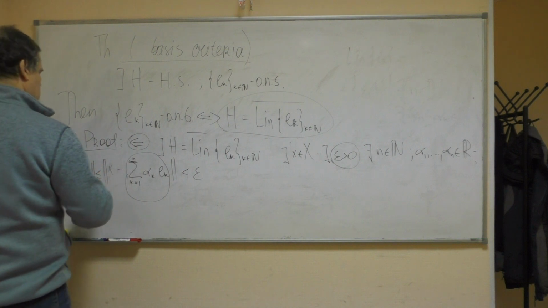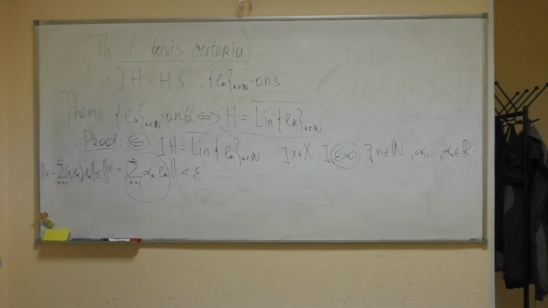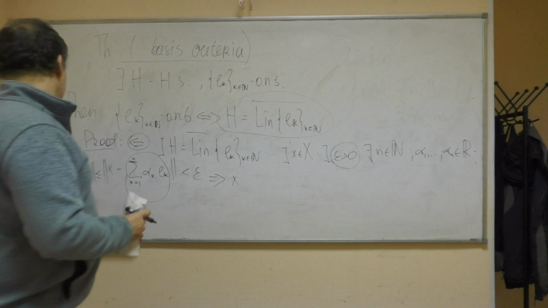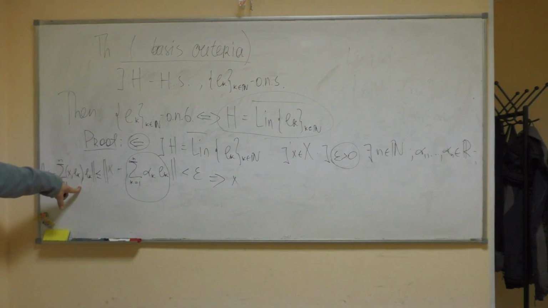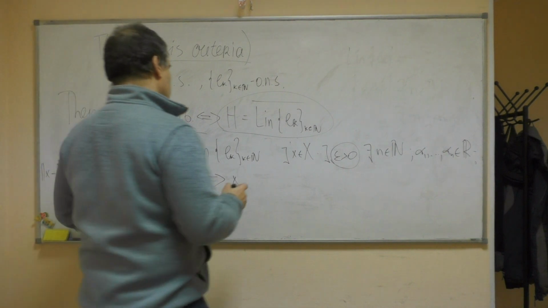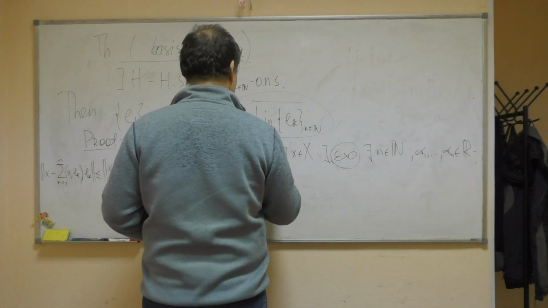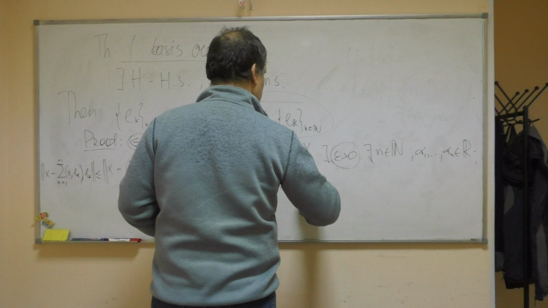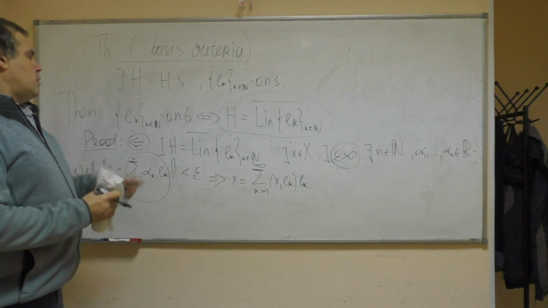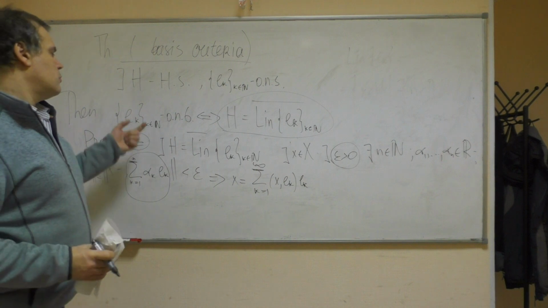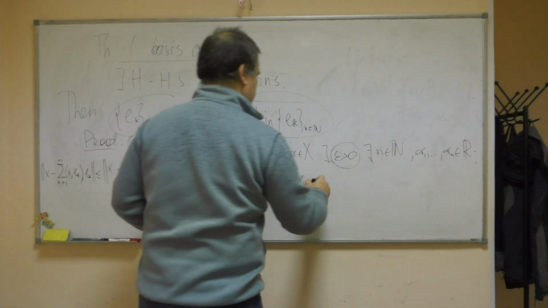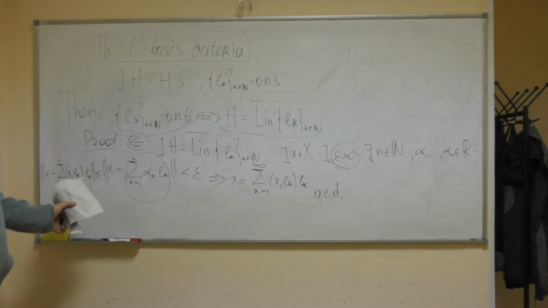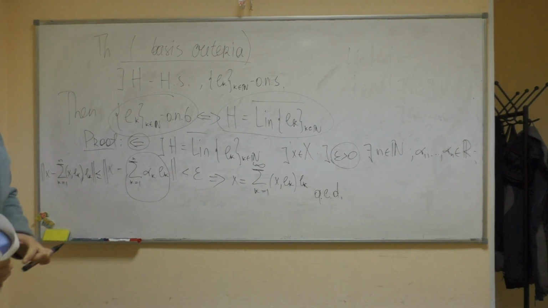So this distance is smaller than this one, so it means that the Fourier series converges to x, and so x is the sum of the Fourier series, and that means we have an orthonormal basis. So this theorem is proved completely.